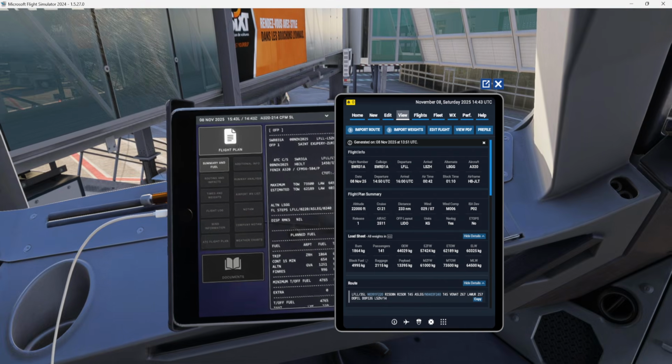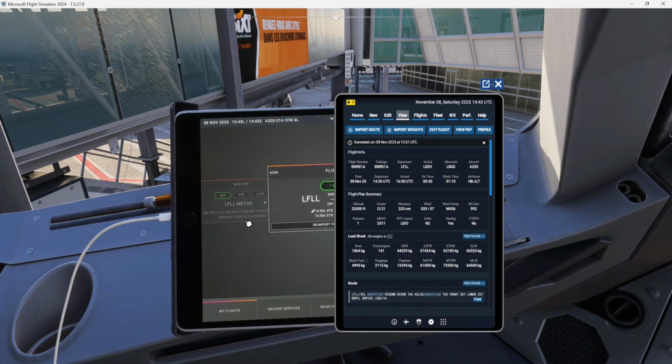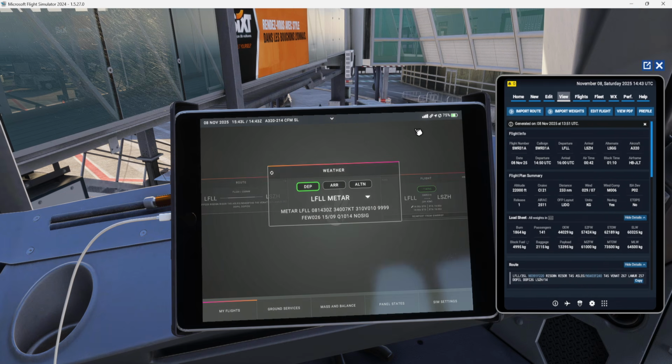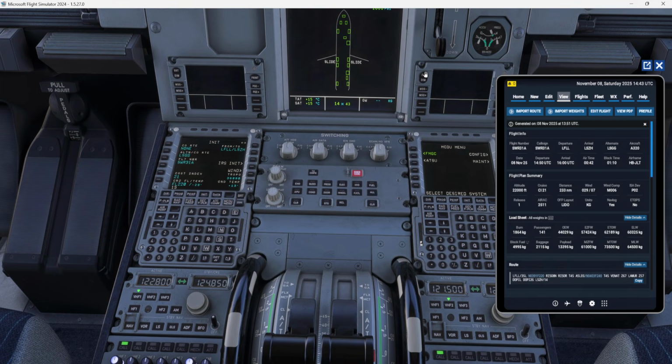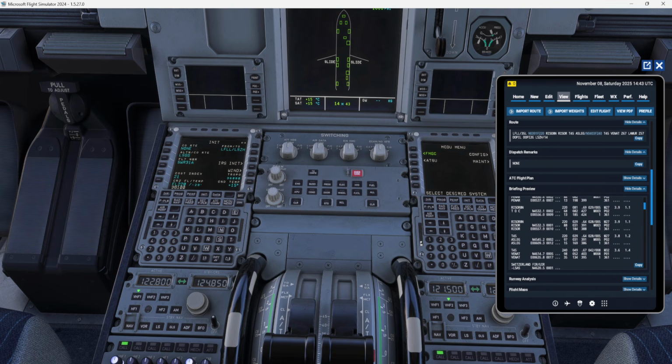The temperature outside is 15, so 15, and let's grab the tropopause. And the wind, we are going to request it.